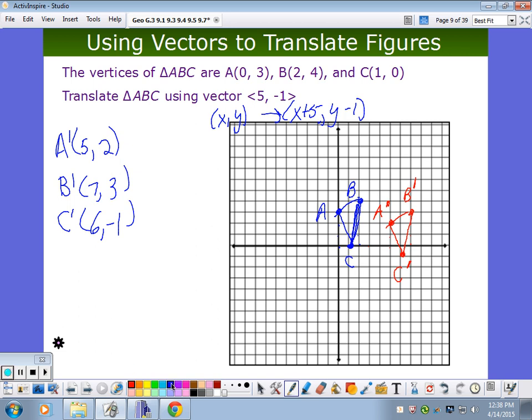The way I can check that is pick a point. Go right 5 and down 1. 1, 2, 3, 4, 5, 1. I'm getting to its prime component. So you can do it with the counting, that's fine, but I really do want you to be able to do it by figuring out what the new coordinates are as well.